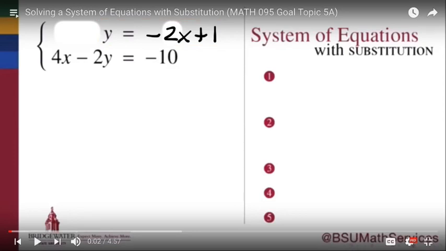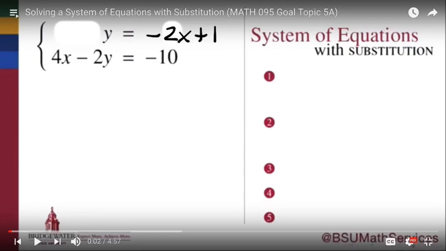The idea behind the method of substitution is, if I want to find a common solution to both of these equations, and one of my equations has one of the variables explicitly solved for, then we know from this first equation that y in a common solution has to be the same thing as negative 2x plus 1.